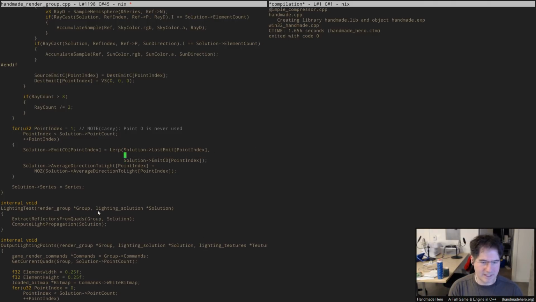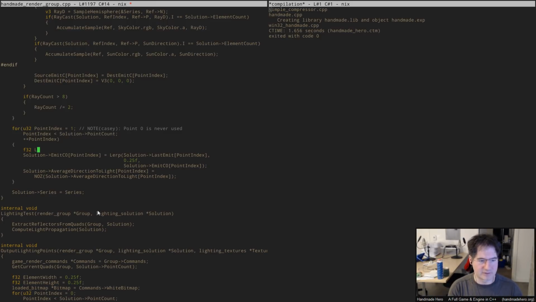We have our new emit, and we can go some amount of the way there. So let's say we go a quarter of the way there, so 4 frames. It takes 4 frames to change the lighting completely, right? Just making up a value here, and in fact, we can just do it like this. And so the same will be true for the normal here, right?